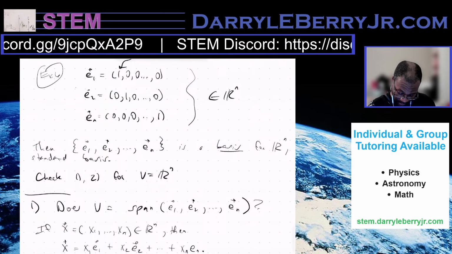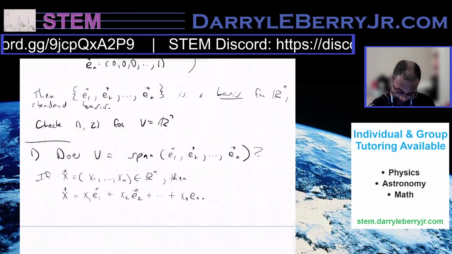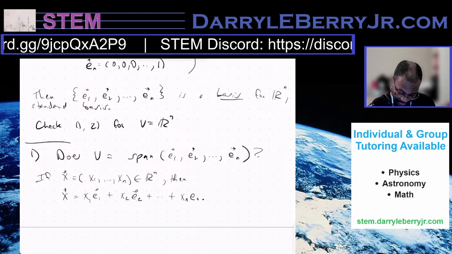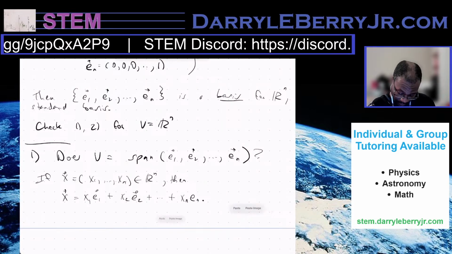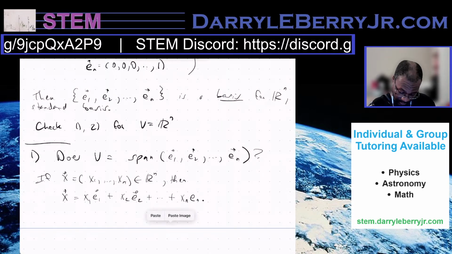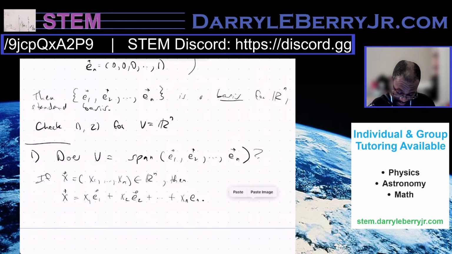So we can see that we have enough vectors for every single value of n in Rn. So this set of vectors does span the space.